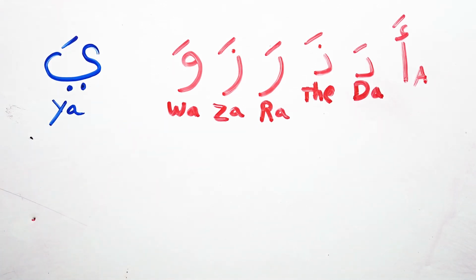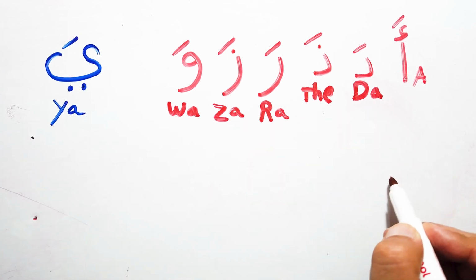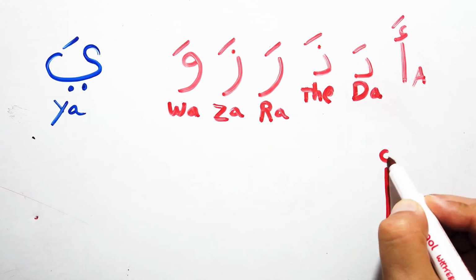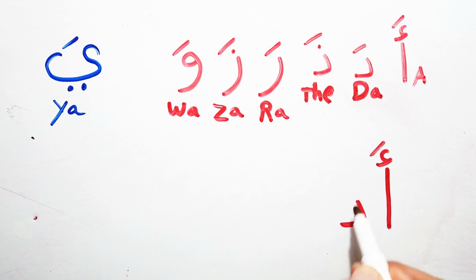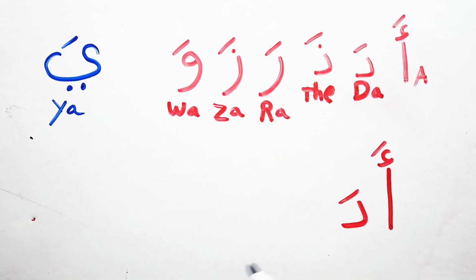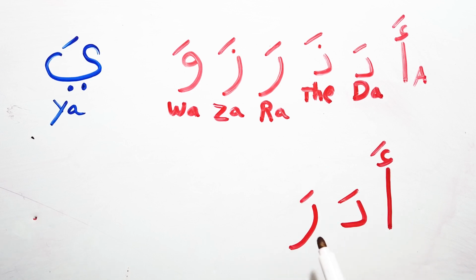Let's write a, da, ra. So a in the beginning of the word will be like this. Da in the middle of the word, ra in the end of the word. A, da, ra, adara. They are not connected because all of them are refusal letters.